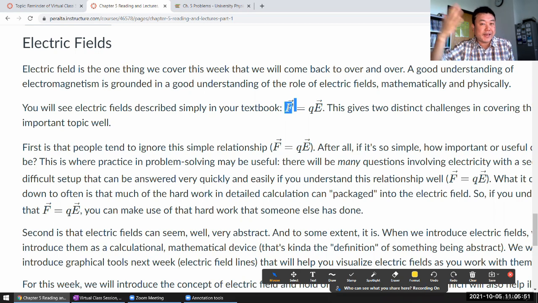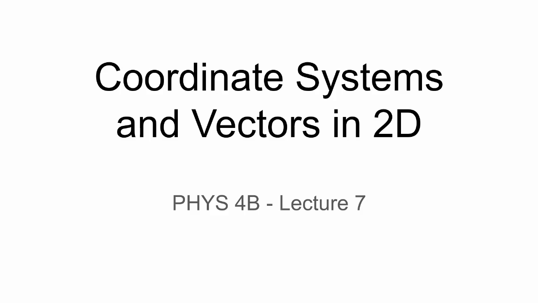It goes beyond the calculational tool, but we'll reserve the ability to see that for later this semester. For now, if you just think of field as a calculational tool, that's not wrong, and that gives the most direct motivation for introducing fields and all the techniques that we'll go through in the next couple of weeks.